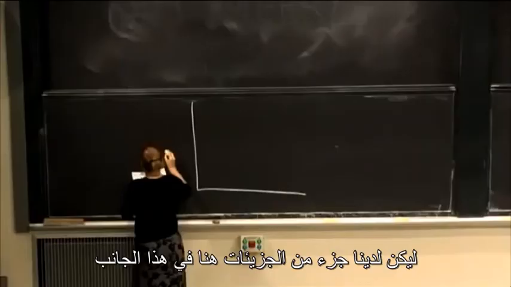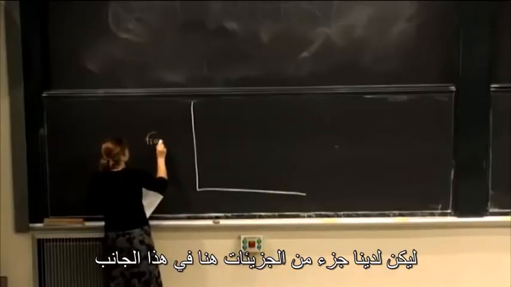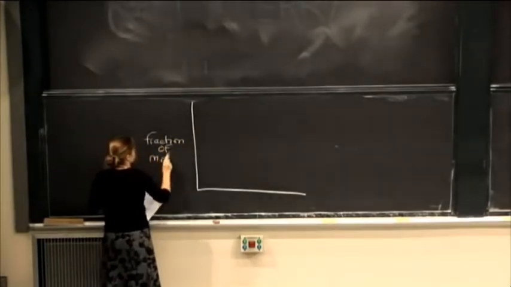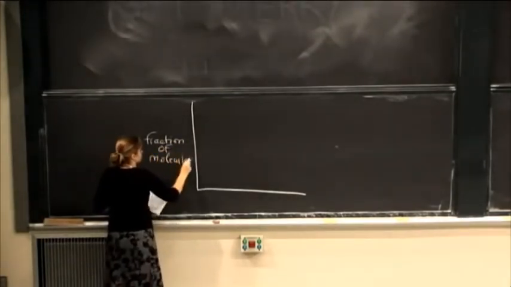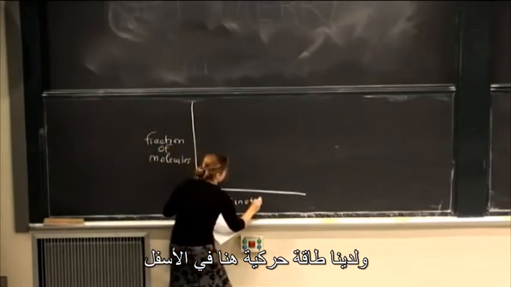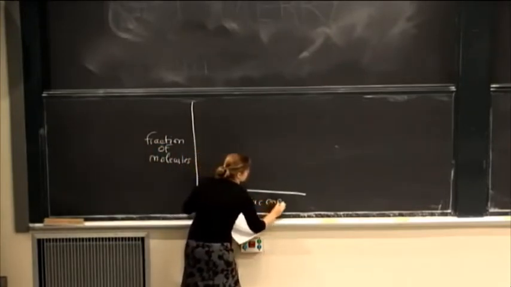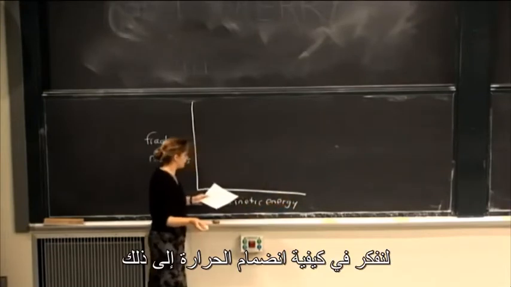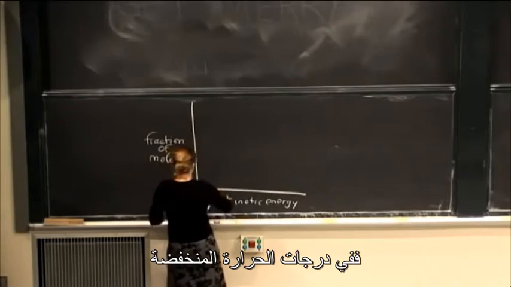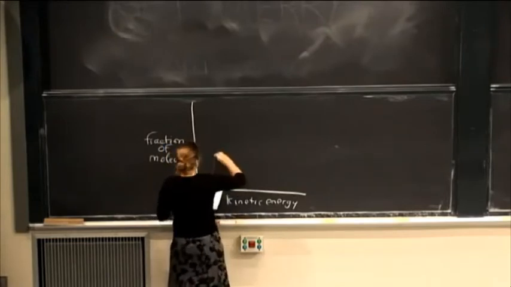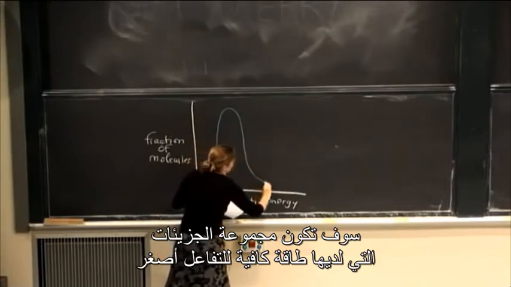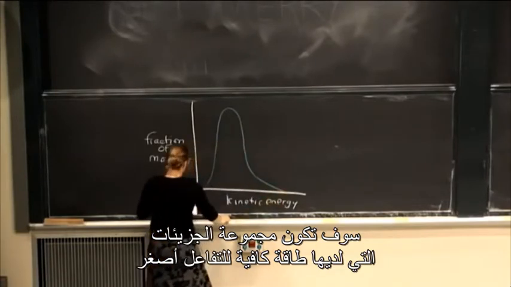So if we have fraction of molecules on one side, and we have kinetic energy down here, let's think about how temperature is involved in this. At a low temperature, the fraction of molecules that are going to have enough energy to react is going to be less.